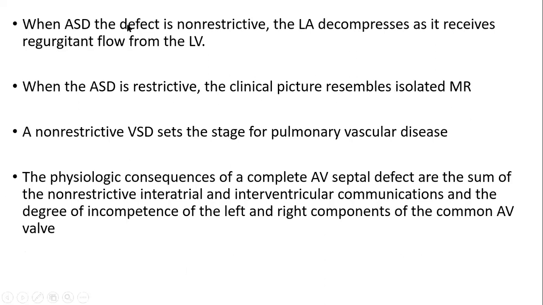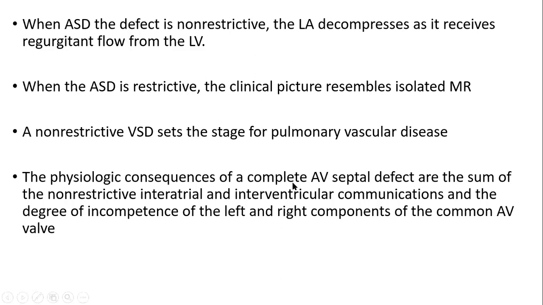When the ASD is non-restrictive, the LA decompresses and receives the regurgitant flow from the left ventricle. When the ASD is restrictive, the clinical picture resembles isolated MR. When there is a non-restrictive VSD, it leads to early development of pulmonary vascular disease.